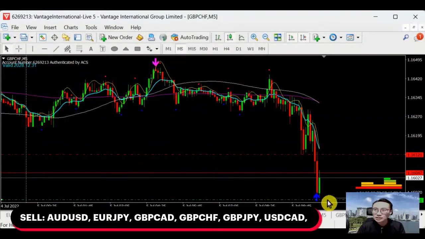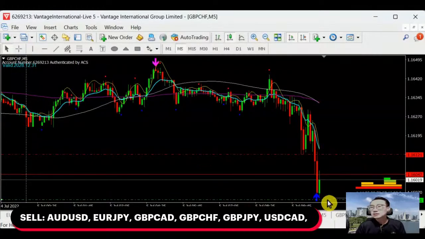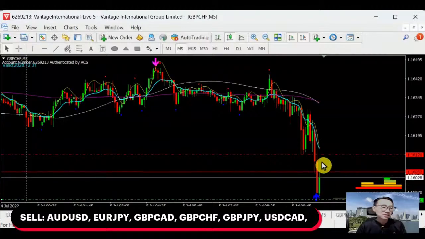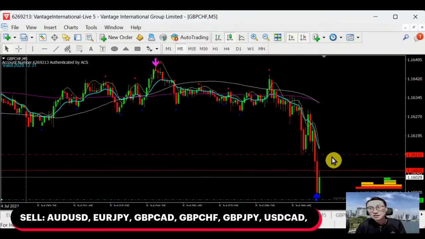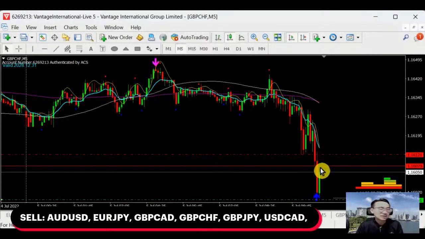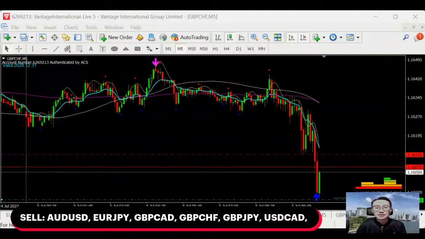Just 18 pips. So since we have 18 pips, if we are going to enter a trade within this area, scalp it. Scalp 5 probably. If it's enough, then 10. If it's not enough, then just 5. Yeah, exactly. All right.